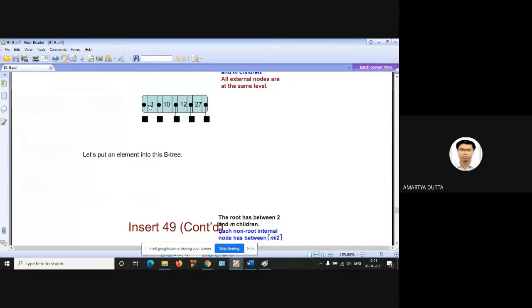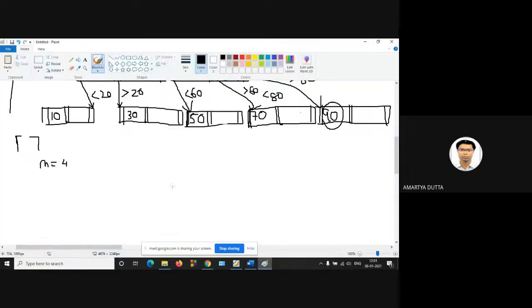If we place 49 at the right side, then 12 will be moved up, and 12 will be the root. Yes, 12 will be the root. So 12 is now becoming the root.